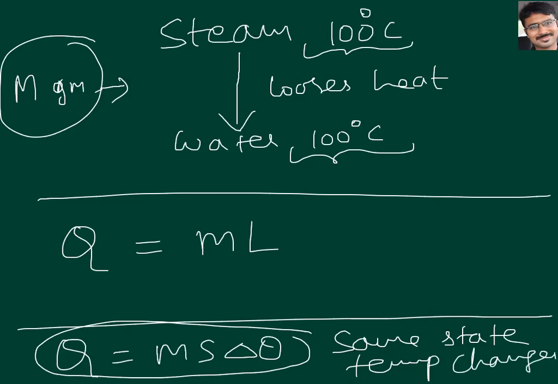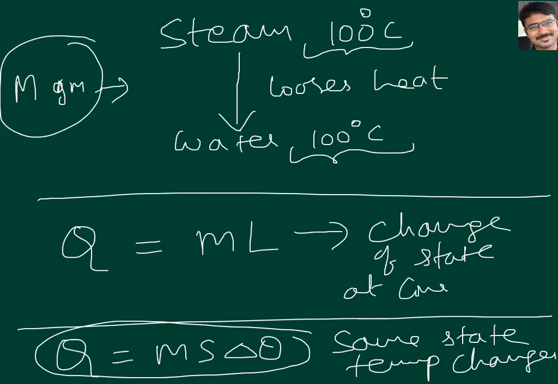But when should we use mL? We use mL when there is a change of state. Remember, heat energy Q equals mL when there is a change of state at constant temperature.